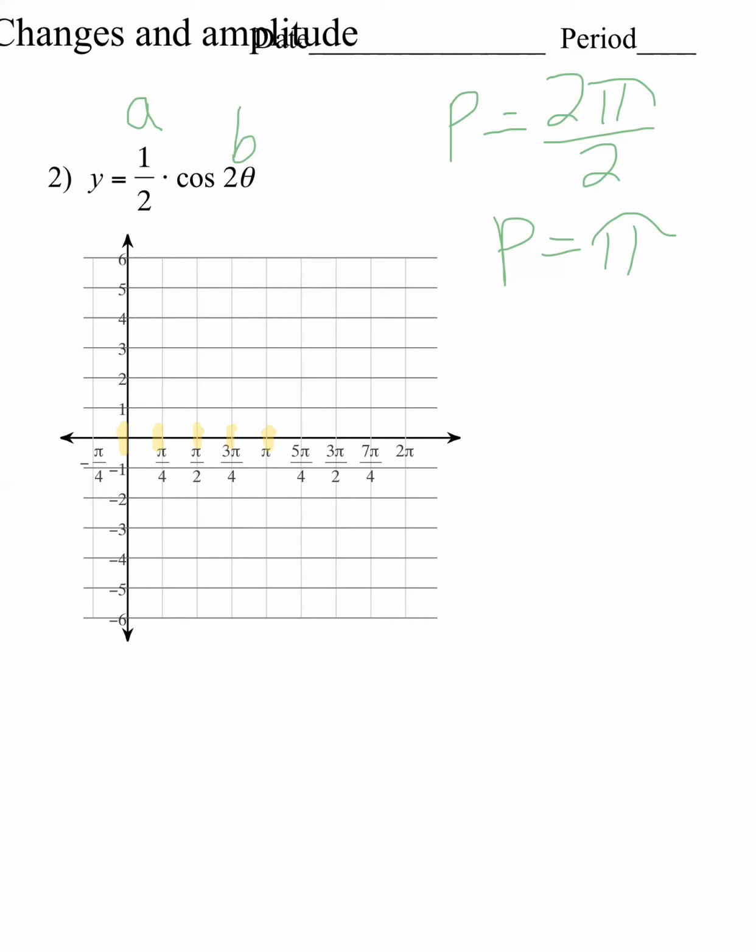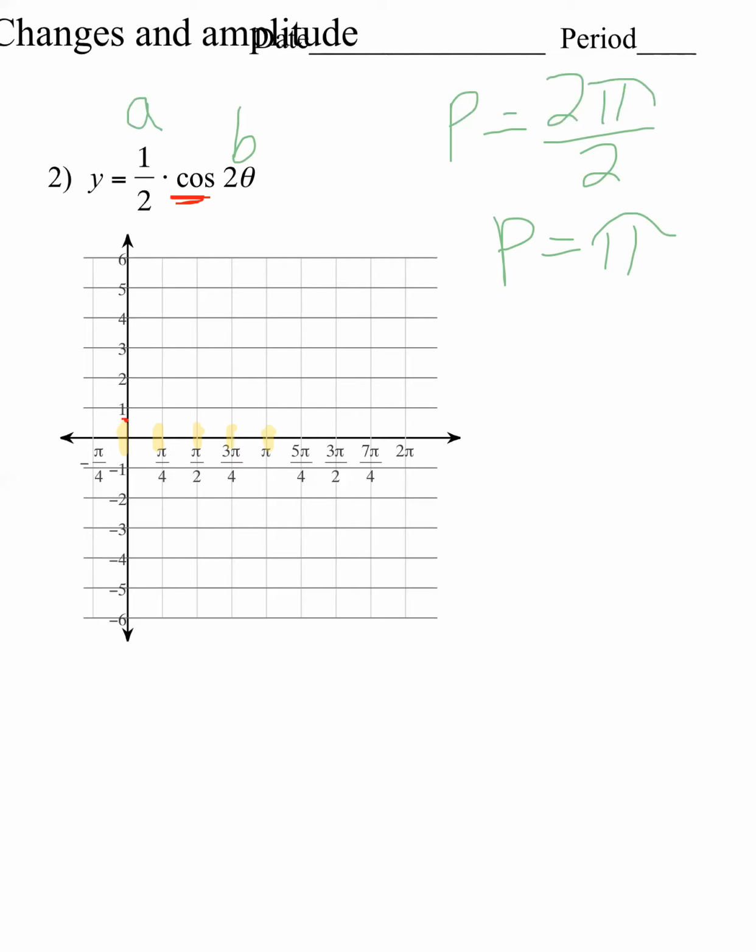So remember now, this one's cosine, so I'm not going to start at the origin. I'm going to start at whatever the amplitude is, and in this case, the amplitude is 1/2. That means the highest I'm ever going to get is 1/2. So my whole graph starts right there.